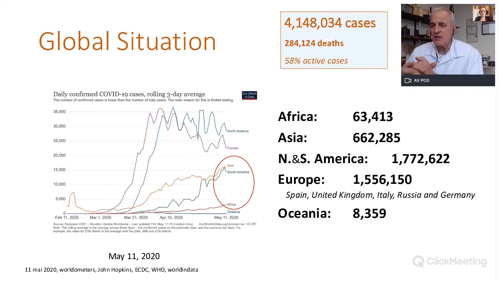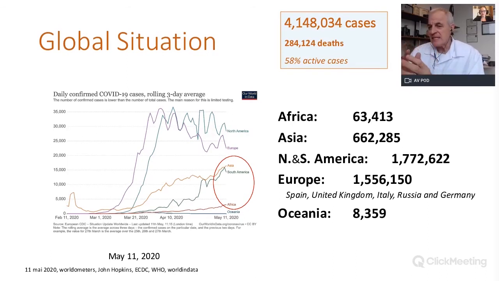And as you can see on the curves, you can easily see that the curves are going up in some places around the world, in particular in Asia and in South America. And this is also the case in Africa, where the disease diagnosis is a little more complicated.